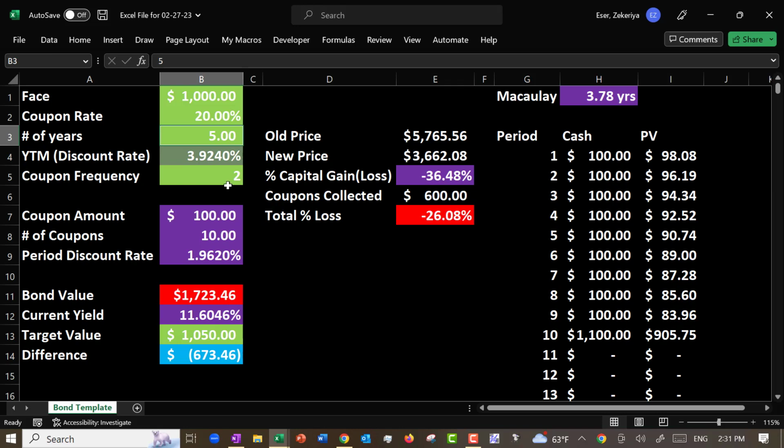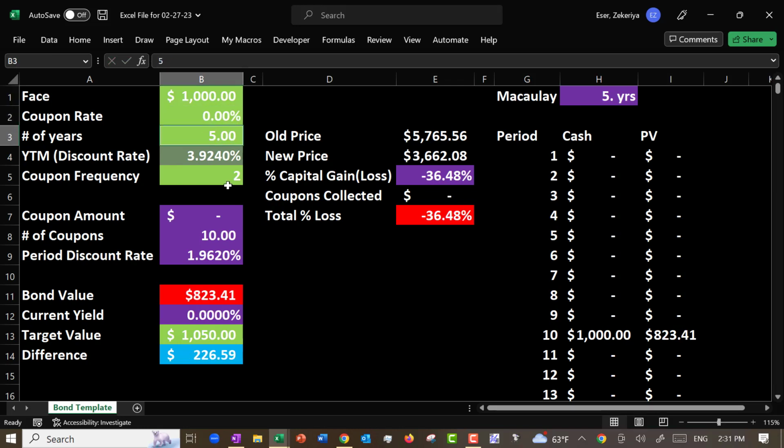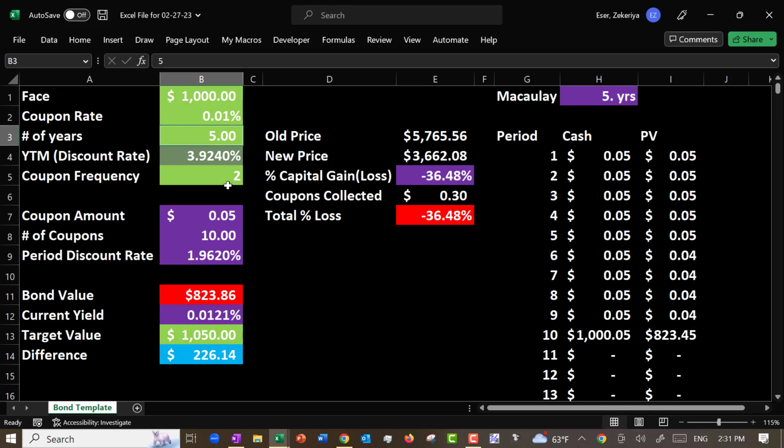Why? Because you get nothing, just $1,000 10 years from now, 10 periods from now. So the highest maturity, highest Macaulay duration is for zero coupon bonds.